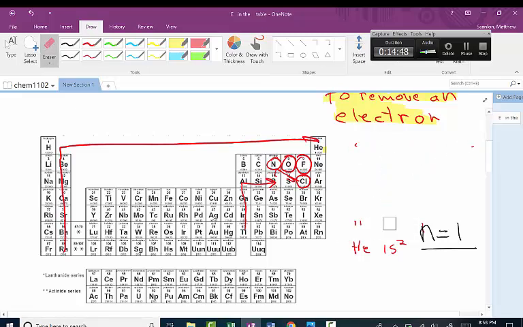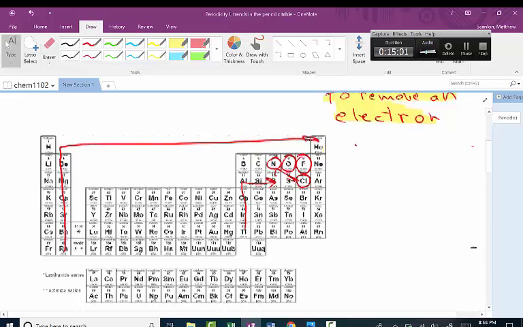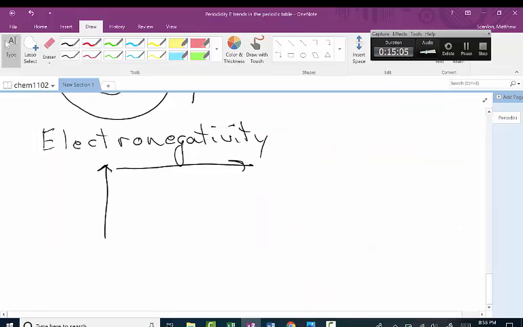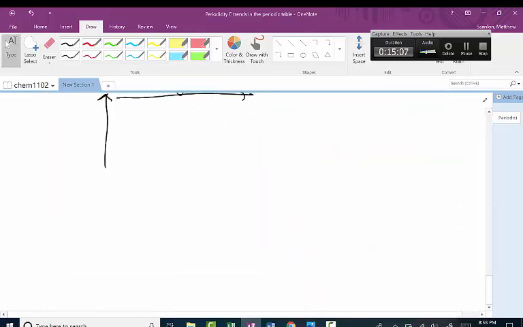One of the reasons you can use is the size decreasing because it's attracting more and more electrons closer to the nucleus. It's the same type of reasoning as we just went through. So electronegativity does that, and ionization energy, I hope you can figure this out. That's the energy needed to remove an electron.